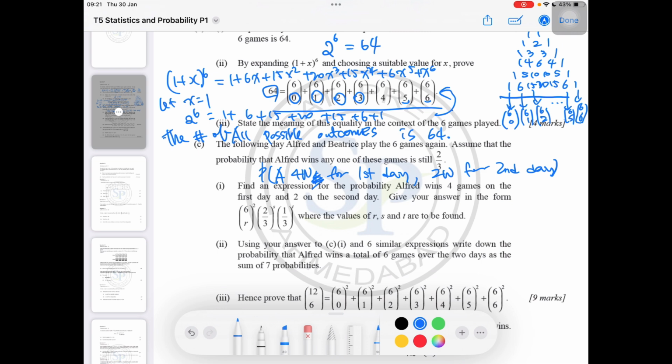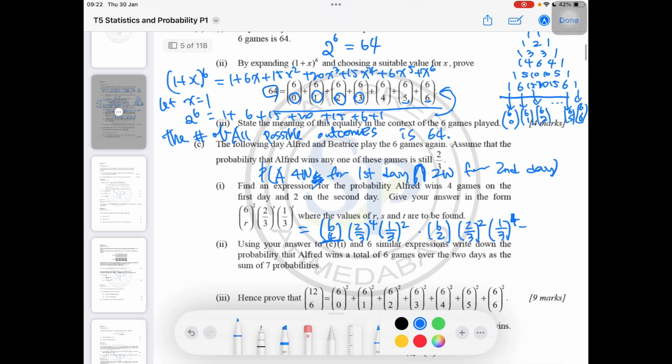So the first day, 6 choose 4, (2/3) to the power of 4, and he needs to lose twice. Times, because I assume that they are independent, we multiply them together because they are independent events. So 6 choose 2, (2/3) to the power of 2, and (1/3) to the power of 4.